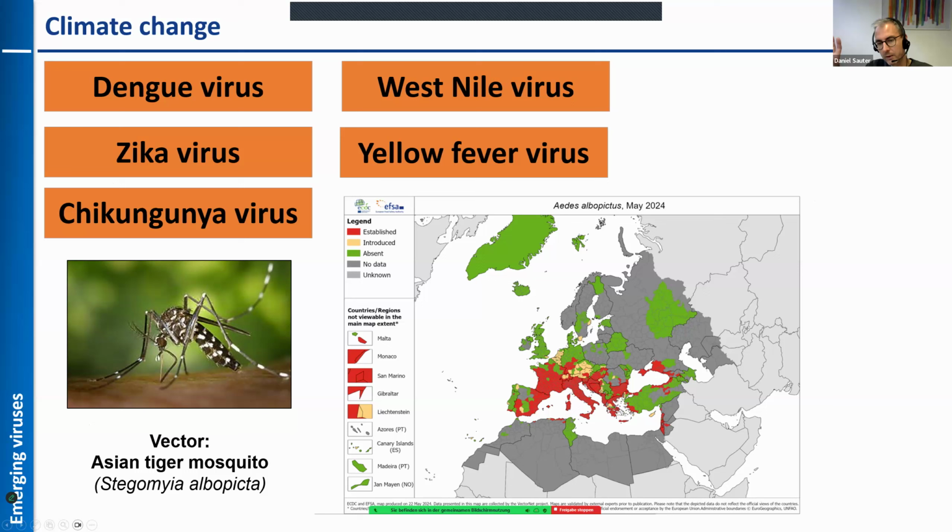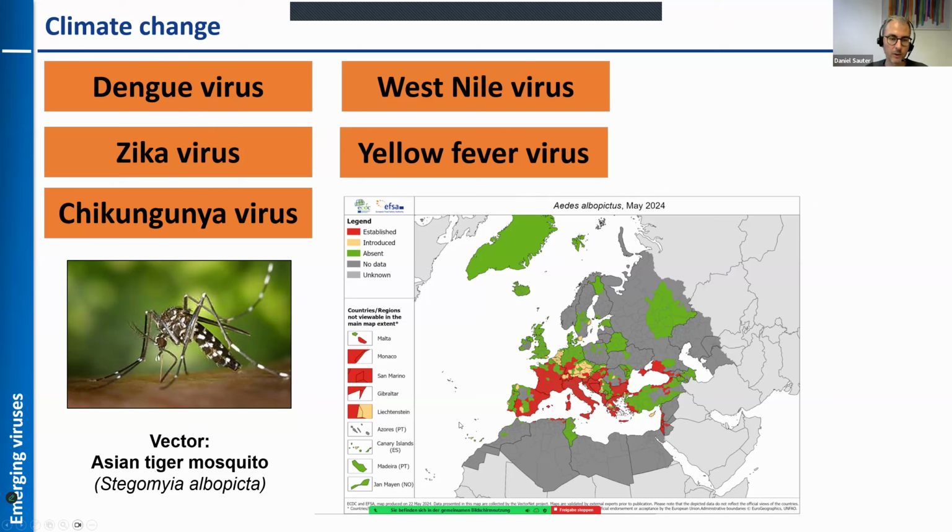When we did this interactive sorting of the viruses, you also nicely mentioned these examples. These are viruses that benefit from global warming and climate change, because all of them are transmitted via mosquitoes. And there are different mosquito vectors for different viruses. What several countries try to do is to monitor the spread of mosquito species in different regions.